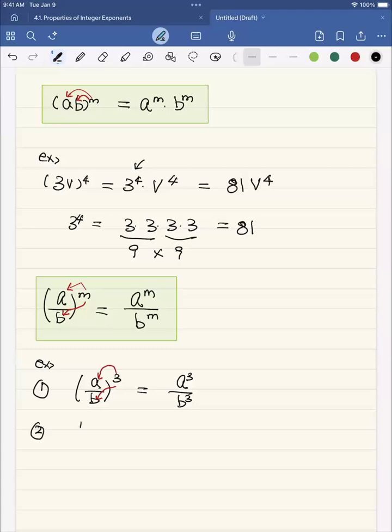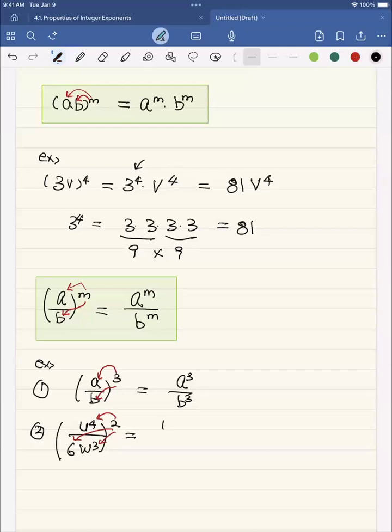The next one is a little bit more complex. The exponent must be distributed to all the components multiplied. So we distribute to the numerator and each factor in the denominator.